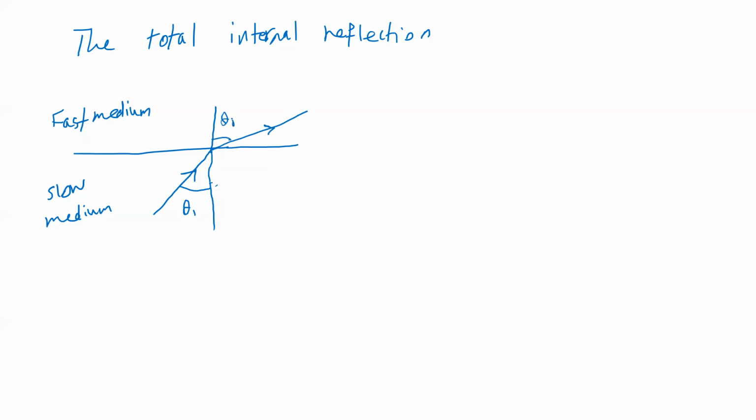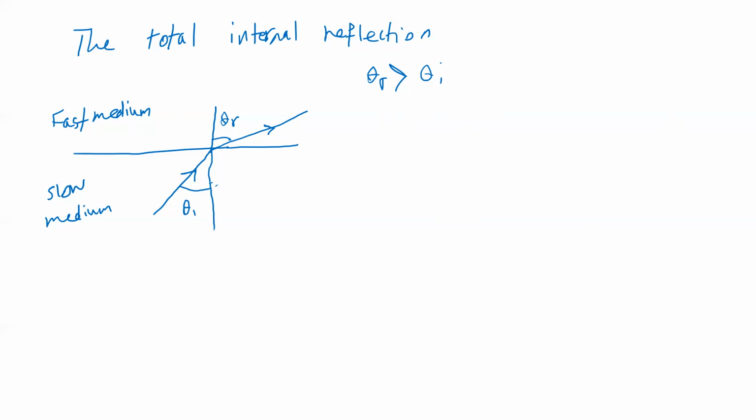If I name this one theta r, it is bigger than theta i because the light goes from a slow medium to a fast medium. As you can see, the refracted angle is greater than the incident angle.